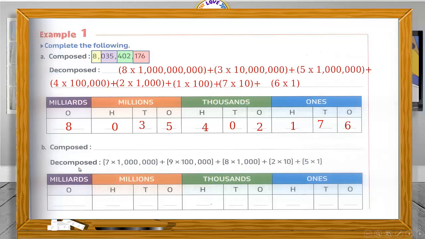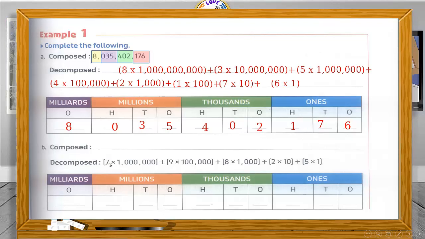B. Compose. He gives you a number after it is decomposed, and he wants you to compose this number. First, put the digits inside the place value chart.